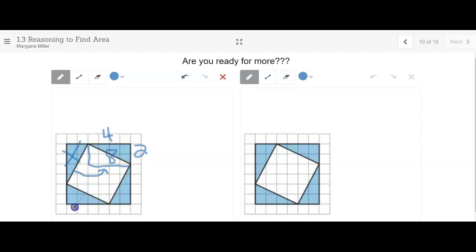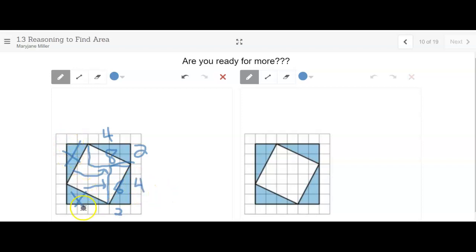And again, I can cut this one off here and move it here. And now I have another rectangle right here that is 8 units because this is a 2 and this is 4.